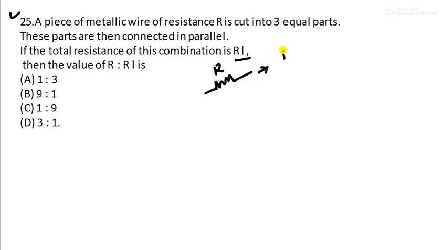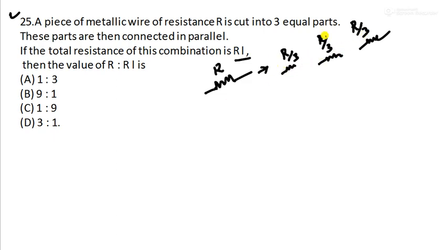We will take the first as R by 3, second is also R by 3 and third is also R by 3. Three equal parts means they are equally divided, so R by 3. If it was two parts, R by 2. Four parts, R by 4.